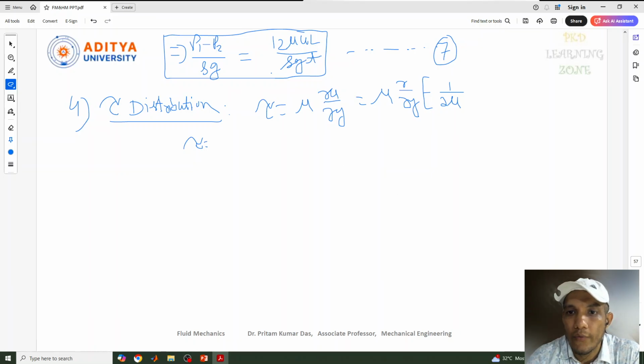So just put the value here: mu into del by del y of minus 1 by 2 mu, del p by del x, times (t y minus y square), bracket close. This equation I have just taken from here; I kept the value of u here.